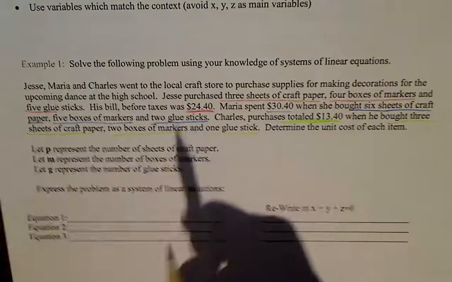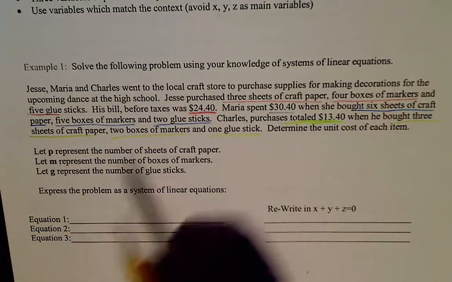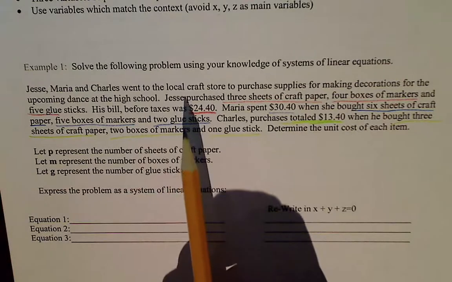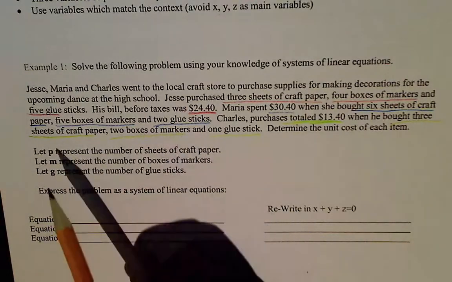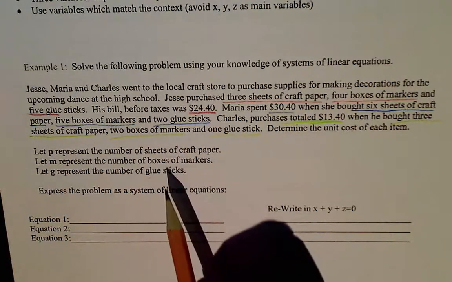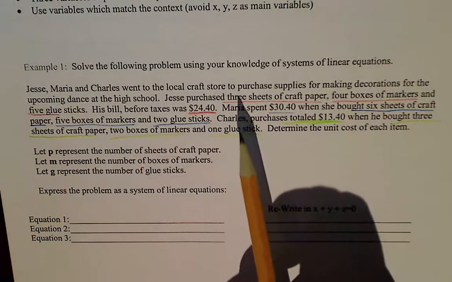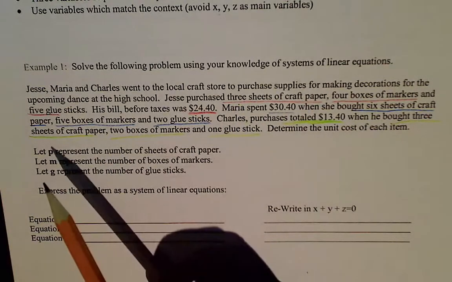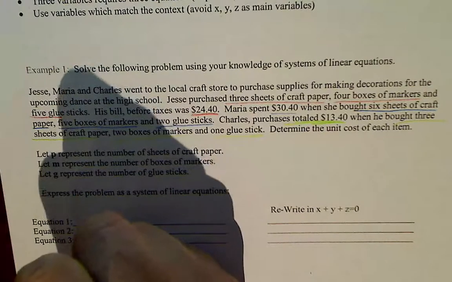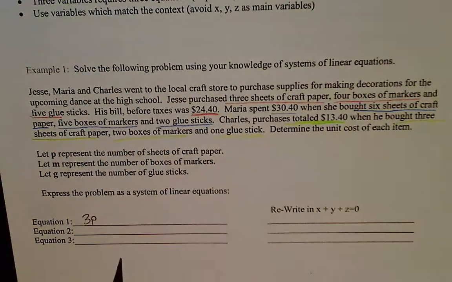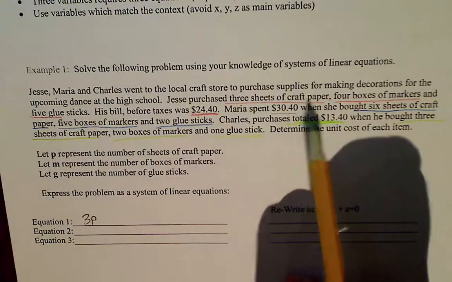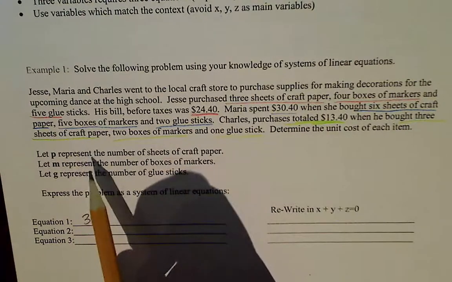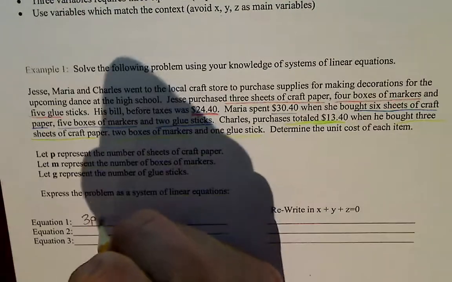So when I figure out my first equation, I'm going to use it for this person right here. P is my craft paper, M is my markers, and G is my glue sticks. The first thing it says is he has 3 sheets of craft paper, so I'm going to write this as 3P. Then he has 4 boxes of markers, markers being M, so I'm going to write plus 4M.